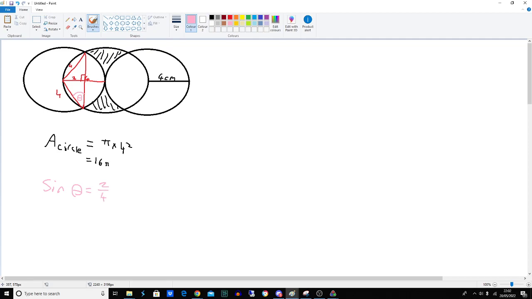This is just basic trigonometry, which is equal to a half. And then from the tables, which you should have learnt for non-calculator, theta would be equal to 30 degrees.